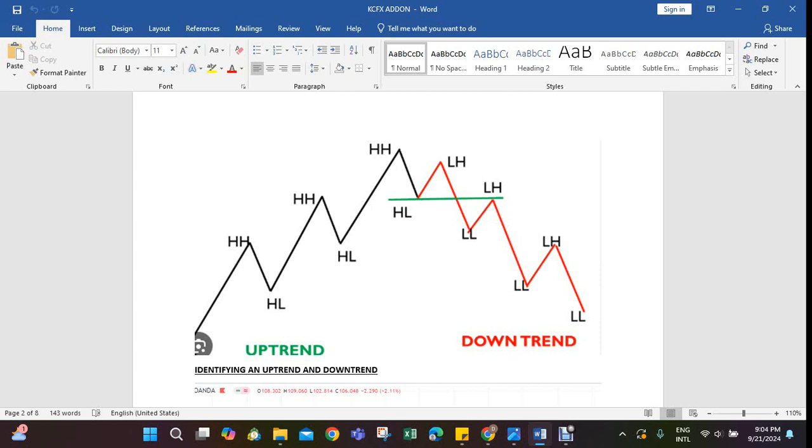It's a chart, a trading platform where you can make setups and all those things. In my videos, I use TradingView where I set up and explain.